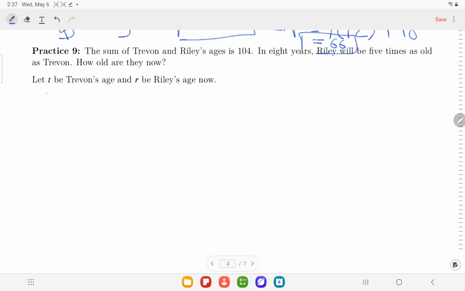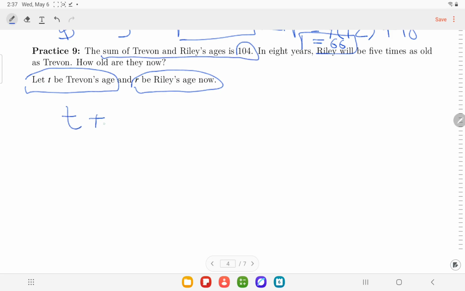So in this question, we have T being Trevon's age and R being Riley's age. And we know that the sum of their ages is 104. So we know that T plus R is 104. And then we also know that in 8 years, Riley is going to be 5 times older than Trevon.